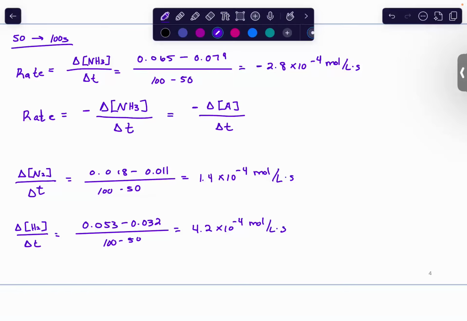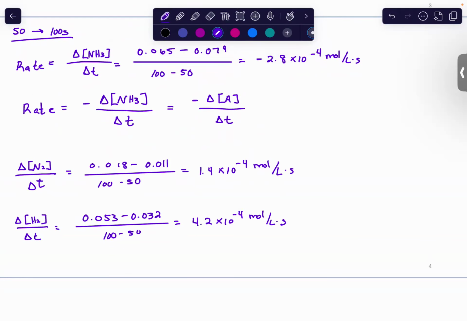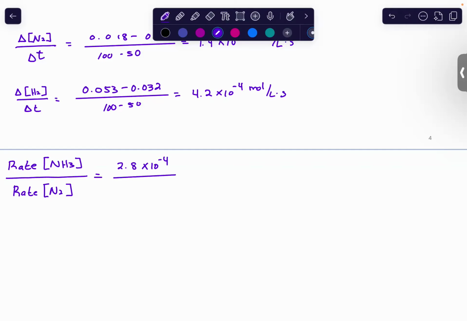Now let's start looking at some ratios. I'm going to say, the rate of the disappearance of NH3 over the rate of the appearance of N2 comes out to be 2.